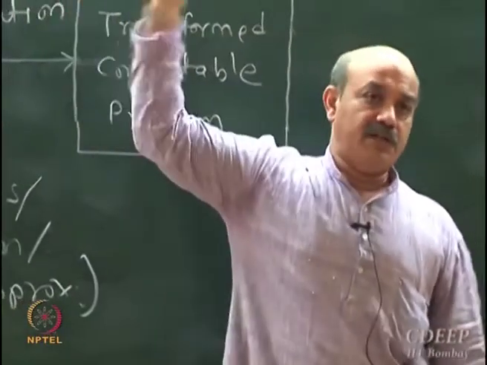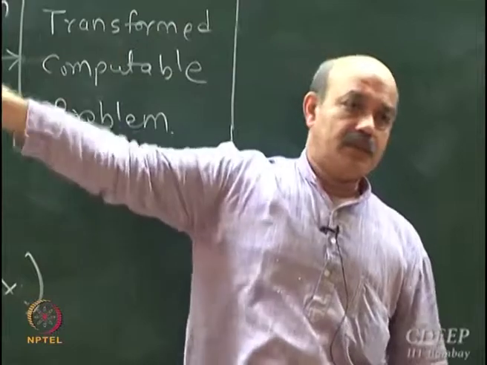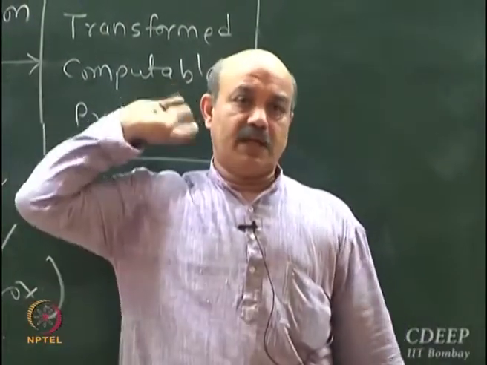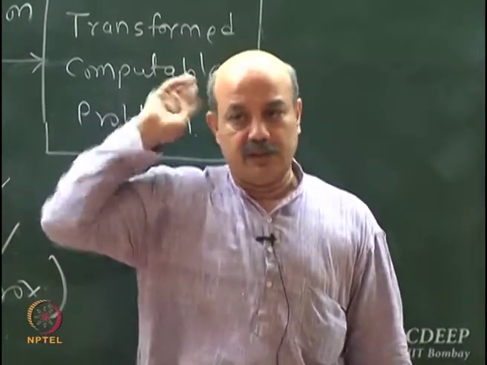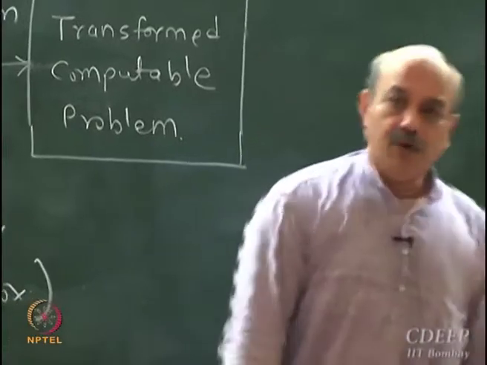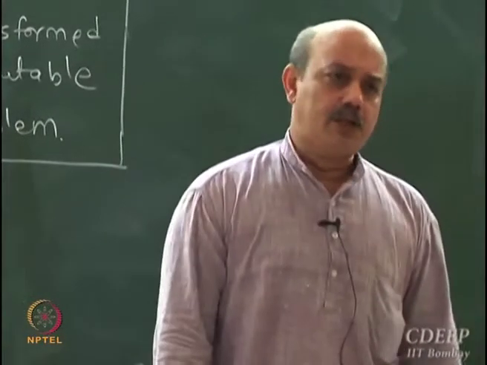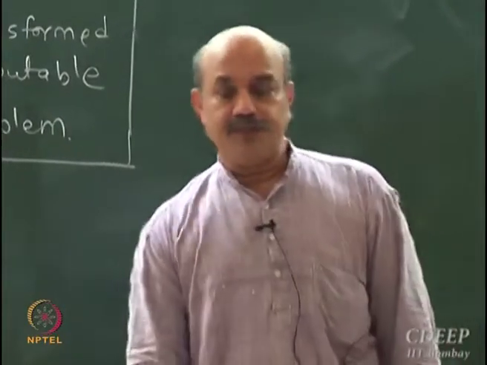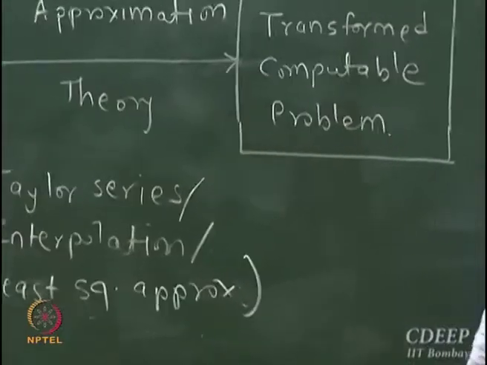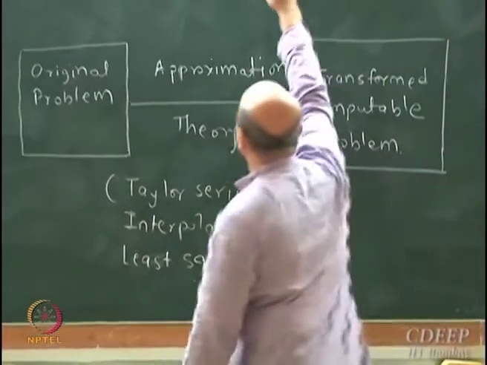The original problem is a partial differential equation in space and time. Here you get an ordinary differential equation only in time. The original problem is a partial differential equation in space, you just get algebraic equations, either linear or nonlinear. So the transformed problem is completely different. We hope that if we solve the transformed problem, we get something close to the true solution, not the exact solution. Now how do you attack the transformed problem? The next thing is to look at the tools.